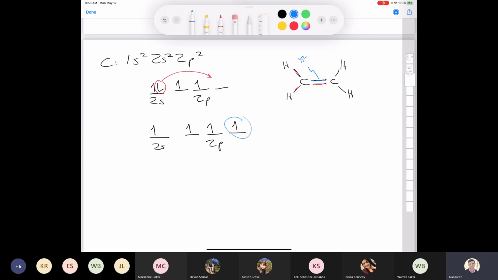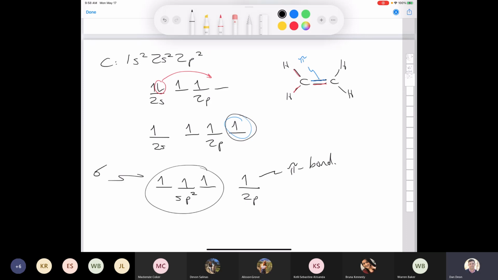So when we hybridize these, all we need to do is take 3 of them and mix them together to make 3 degenerate sp2 orbitals. Each one has an unpaired electron. And then you take that one 2p and you leave it by itself, because the 2p is the one that's used to make the pi bond. Okay, and these ones here are all used to make sigma bonds.